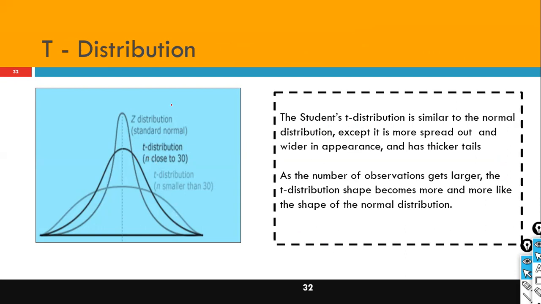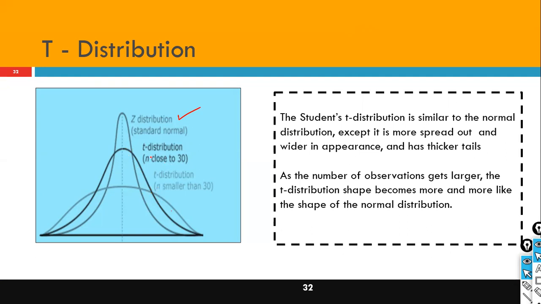So look here, the z-test assumes a normal distribution, whereas the t-test assumes the t-distribution. The t-distribution is similar to the z-distribution, except that it's spread out, wider in appearance, and has thicker tails. As the number of observations gets larger, the t-distribution becomes more and more like the shape of the normal distribution.